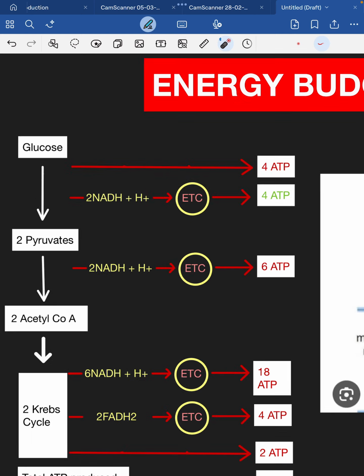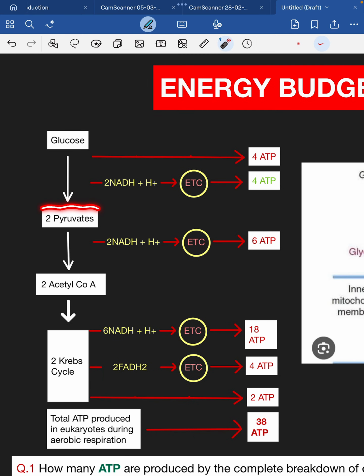Next, the pyruvates which are produced as a result of glycolysis are present inside the cytosol. For aerobic respiration, they must enter the mitochondria. Pyruvates enter the mitochondria with the help of a protein known as pyruvate translocase.